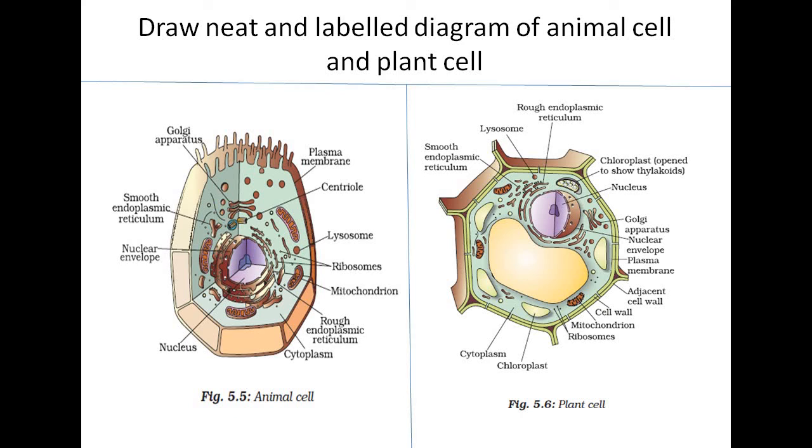Animal cell, cell wall is absent. Second one, plant cell, there are big vacuoles. In animal cell, there is no vacuole. In plant cell, nucleus is placed peripherally. In animal cell, nucleus is placed centrally. In plant cell, there are plastids. In animal cell, there is no plastid. So you have to write all these differences.